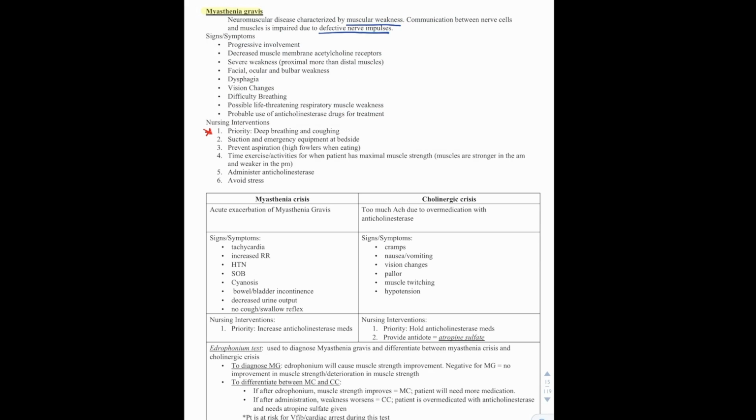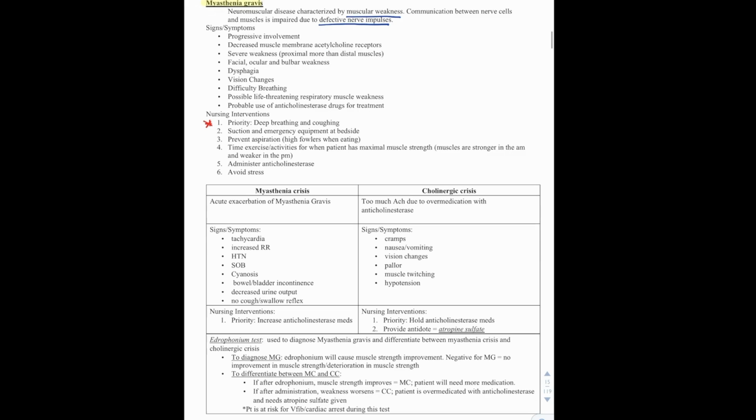We want to time exercise activities for when the patient has maximal muscle strength, so muscles are stronger in the morning and then they get weaker at night. So we want to do most of their exercise and activities in the morning. We'll administer anticholinesterase drugs, and we want to avoid stress. So we also are going to compare a myasthenic crisis versus a cholinergic crisis.